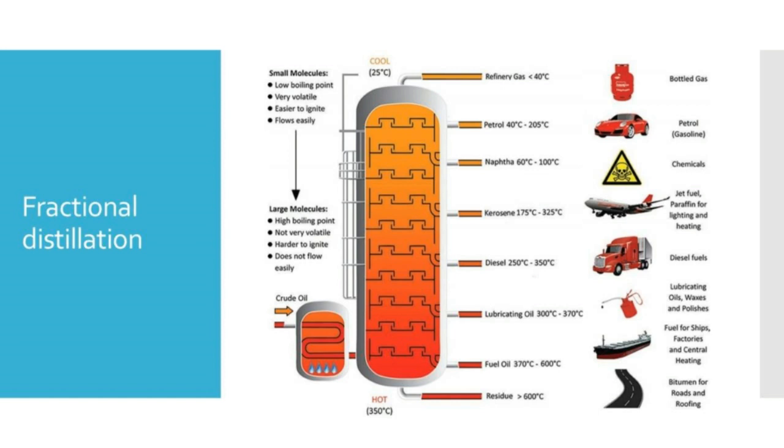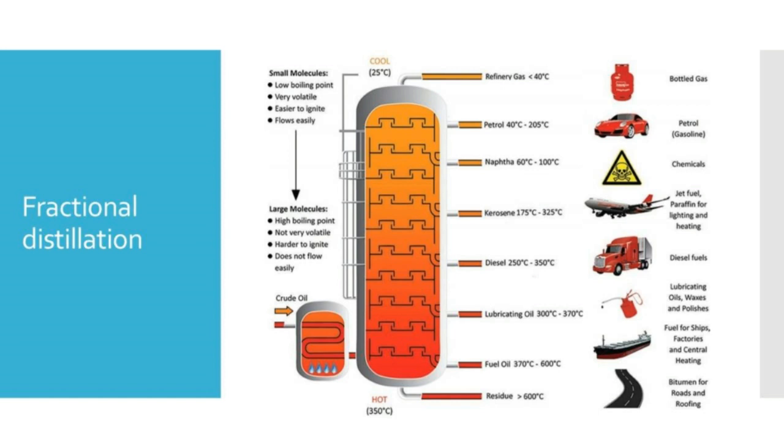Fractional distillation. Petroleum is a mixture of various constituents such as petroleum gas, petrol, diesel, kerosene, lubricating oil, paraffin, and wax. The process of separation of various constituents or fractions of petroleum is done by fractional distillation in fractionating columns.